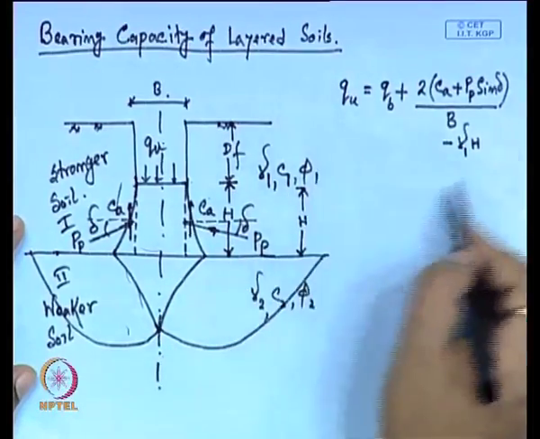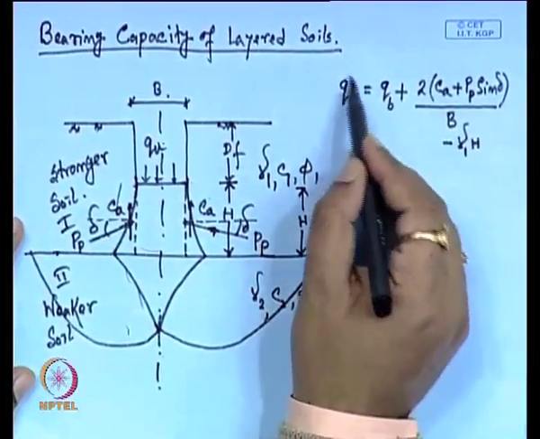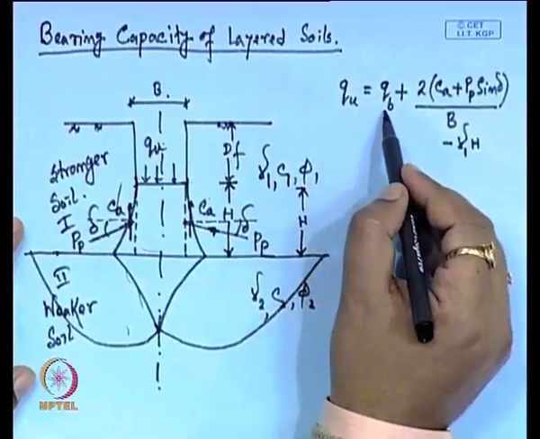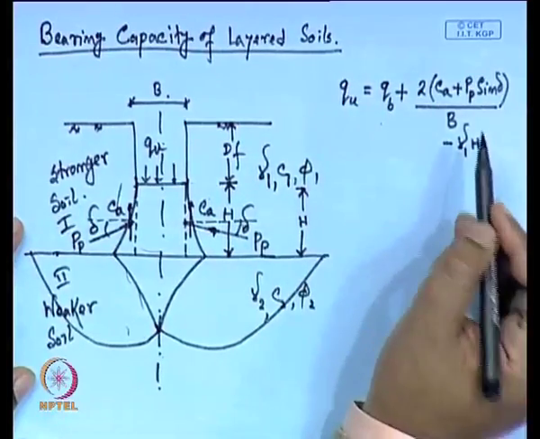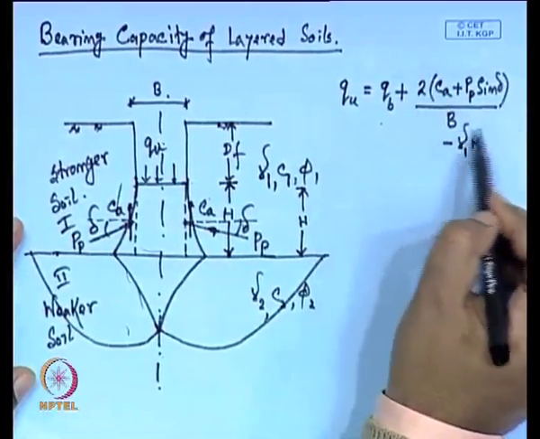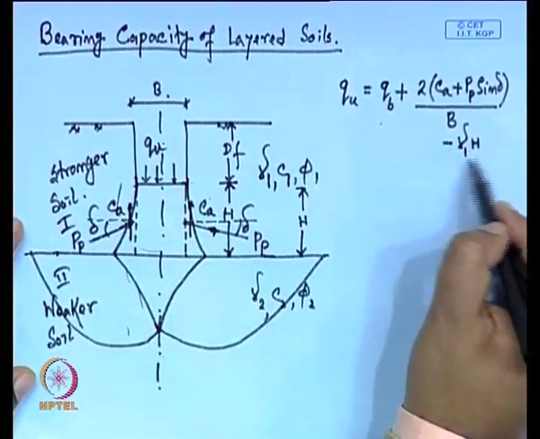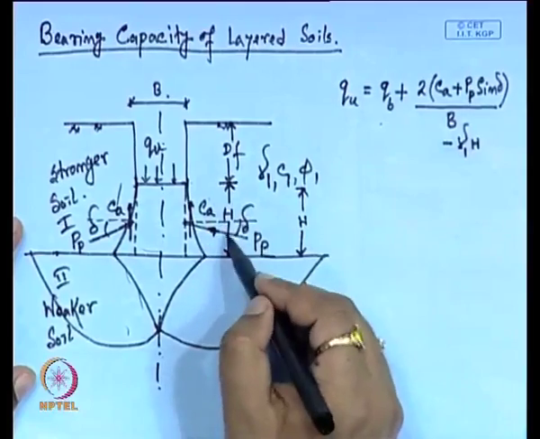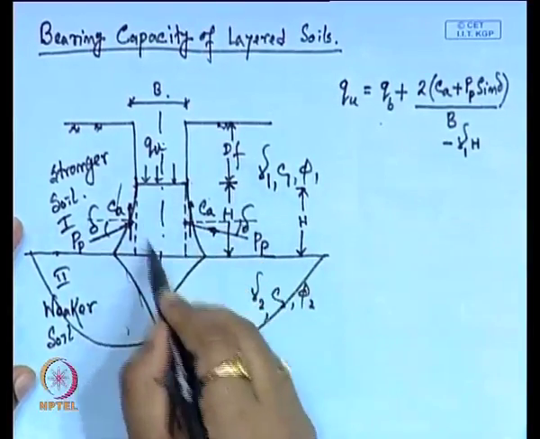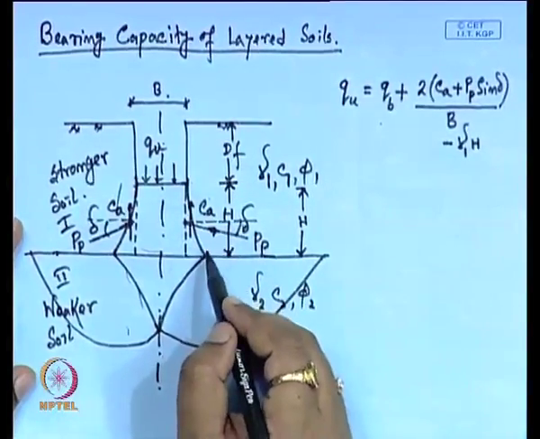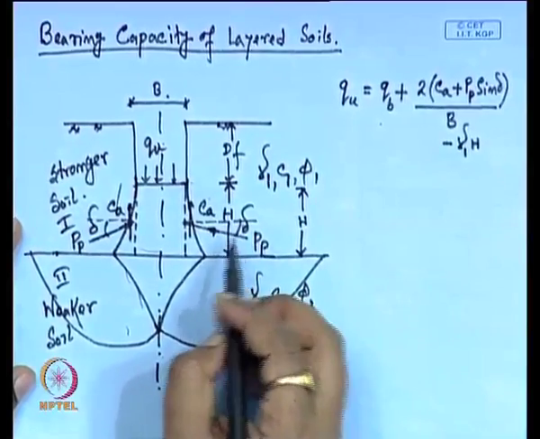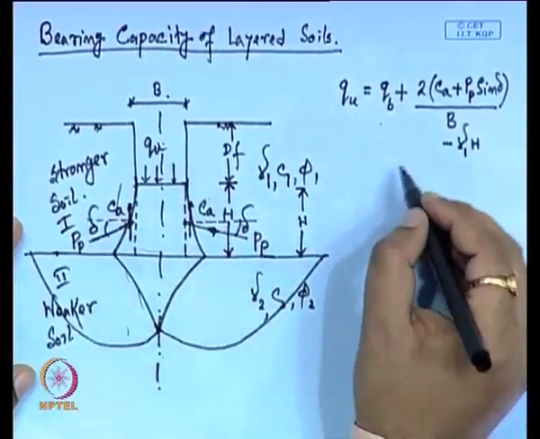So, the contribution of Q is the contribution from the bottom soil plus the contribution from the top layer, minus this surcharge that we are deducting, because this surcharge we will not consider as a contribution, because it was existing previously.